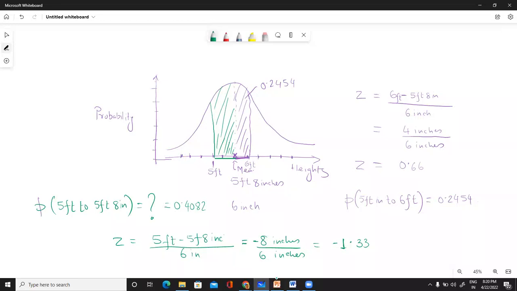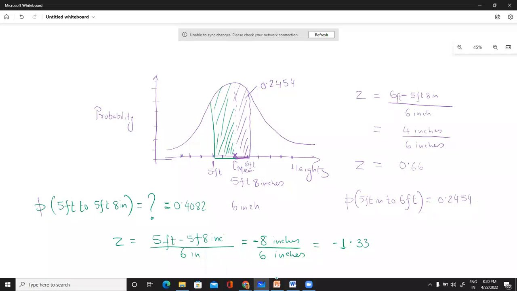So similarly, given any value of the variable, you can find out the probability of getting a value in a given range, between that value and the mean, or between that value and another value. It's not necessary that every time you'll have to stop at the mean. Of course, the mean will be involved.